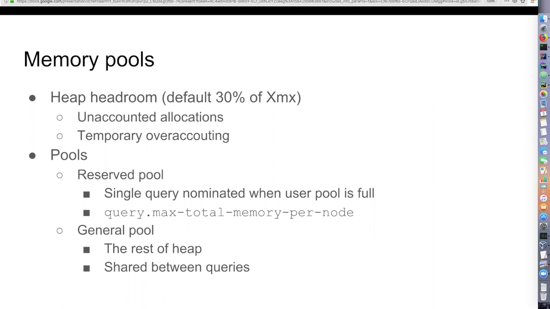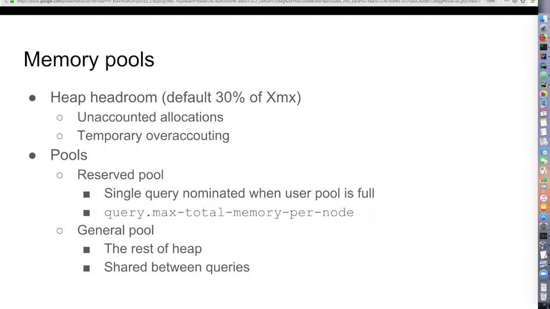One of the regions is the heap headroom. This is by default 30% of Xmx. This region is designated for dealing with unaccounted allocations and, let's say, temporary overaccounting.